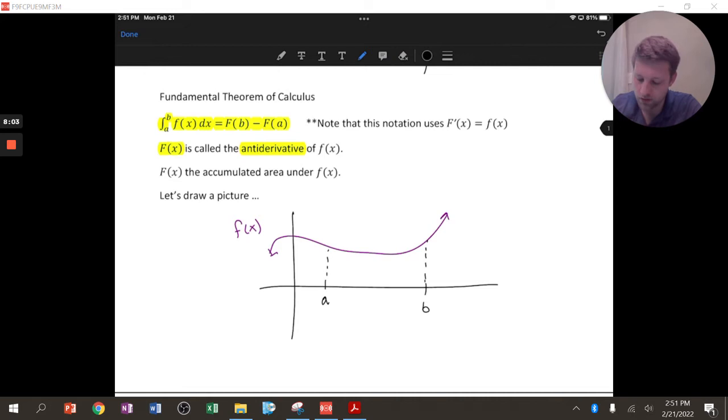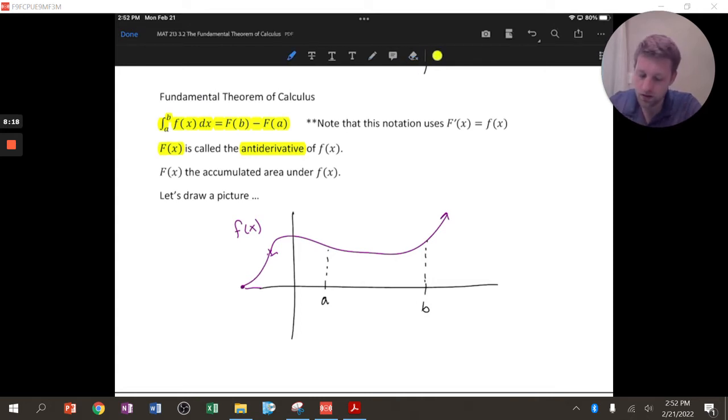So just to draw a little bit out here, I'm going to actually extend this function. Let's say that this function just stops right here and goes on.